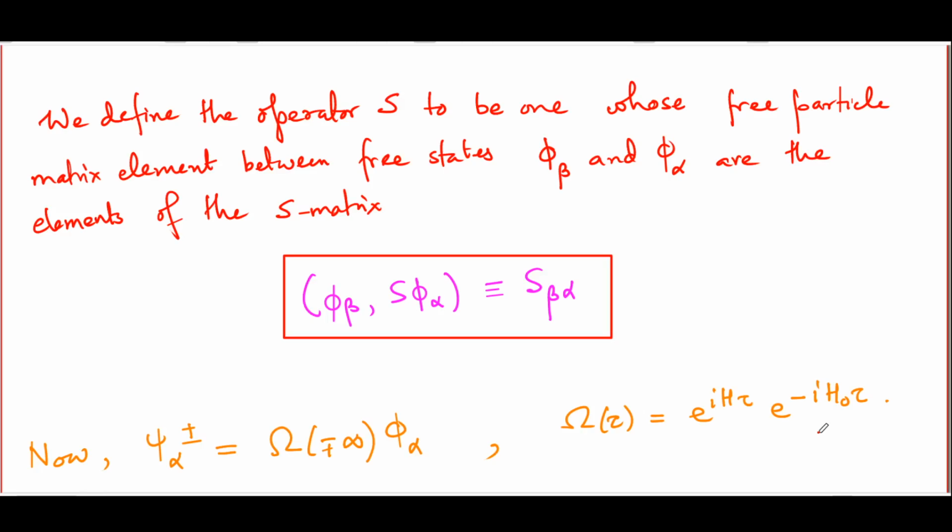And as we have already seen before, omega here is a tau dependent operator given by e to the iH tau multiplied by e to the minus iH0 tau. It is the limiting values of this omega tau operator in the limits tau going to minus infinity and tau going to plus infinity, which act on the free particle state to give us the in and out states with the same particle content.